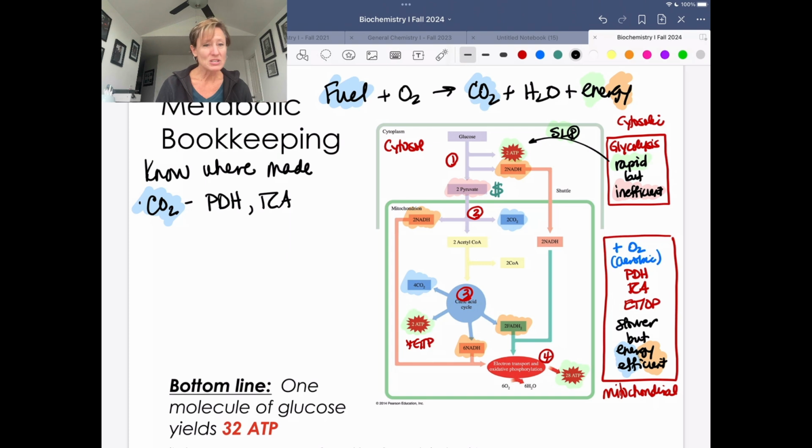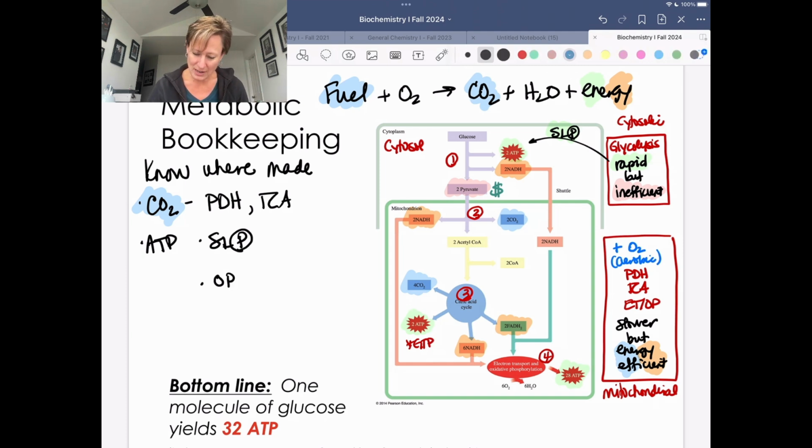When we think about specifically the energy as ATP, we know that ATP can be made in one of two ways. We can make it by substrate level phosphorylation, and we can make it by oxidative phosphorylation. So I want you to know where those processes happen. So again, we've got our primary energy, substrate level phosphorylation, or oxidative phosphorylation.